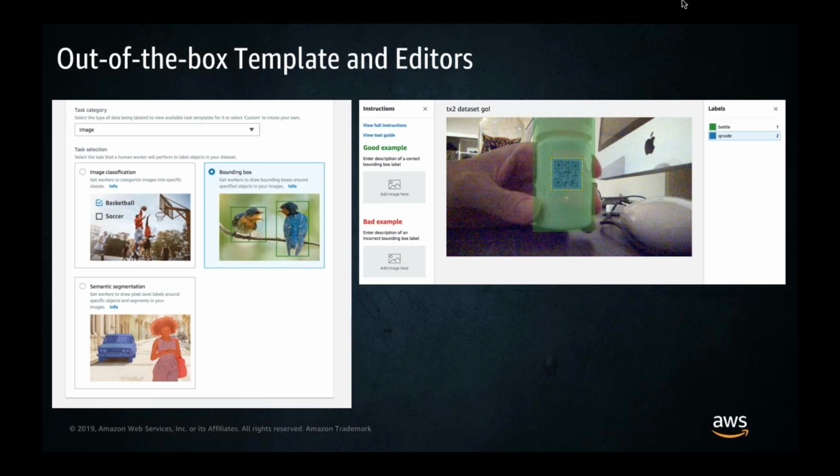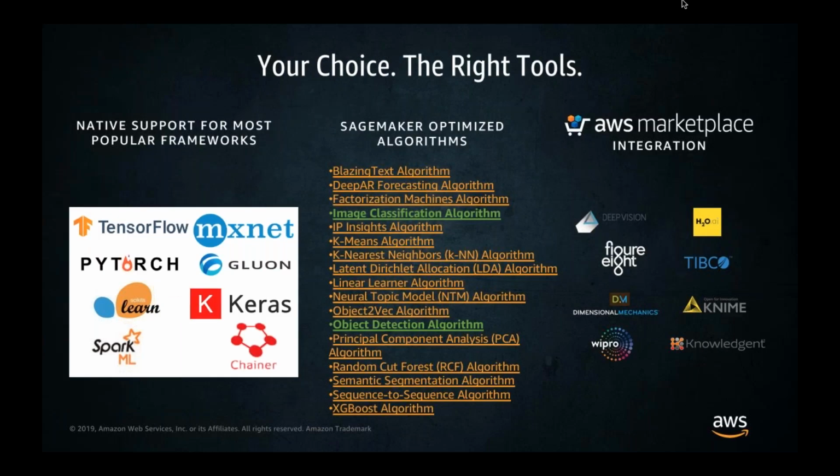So here's a couple of screenshots. Out of the box, there are templates and editors available for image classification and object detection. So very easy to create your training set.